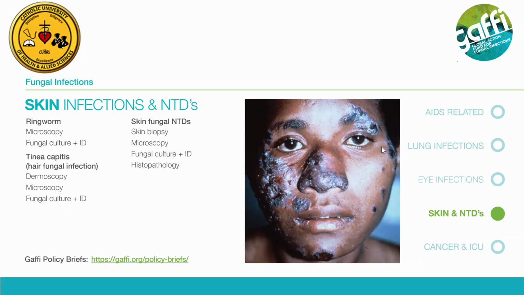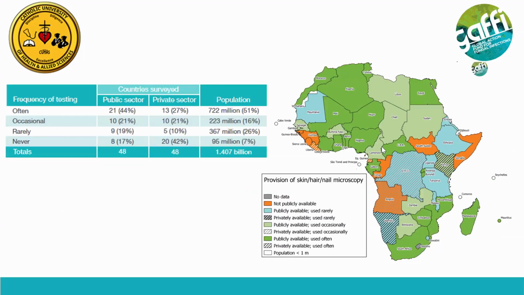It's a very simple test: you just scrape the skin, put it on the slide, add the potassium hydroxide, and put it under the objective lens of the microscope. There are very few laboratories which can do even that skin scrapping and do the potassium hydroxide preparation for fungal diagnosis. Going ahead, fungal culture uses the scrapping to do the fungal culture. Very few countries have laboratories with protocols for doing those diagnoses.